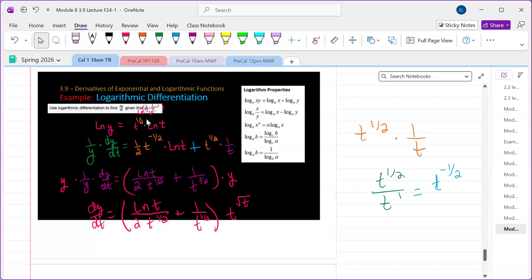But on the test, I don't think we're actually going to give you a problem where you have to solve it using logarithmic differentiation. So this is more just practice, because it's a skill that's good to practice, but the skill itself is a little too long for the test.